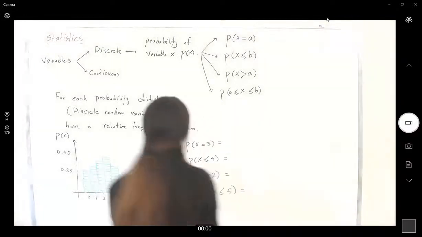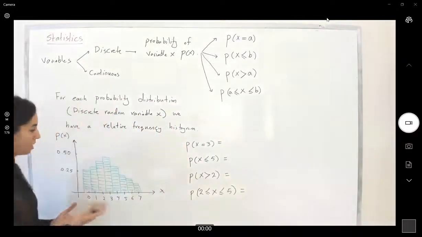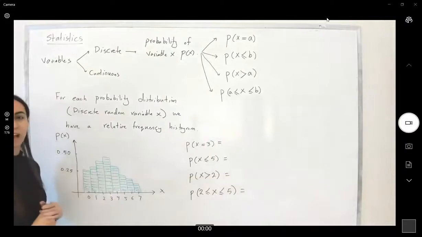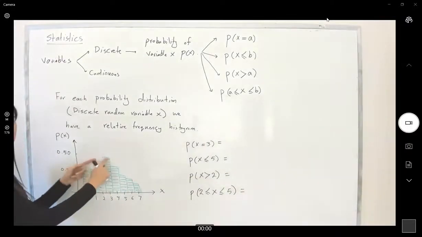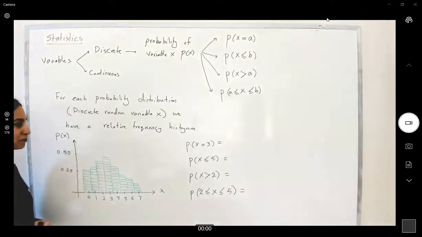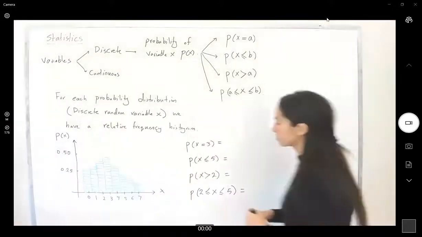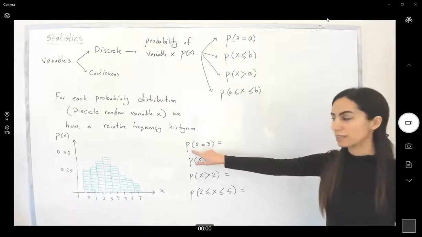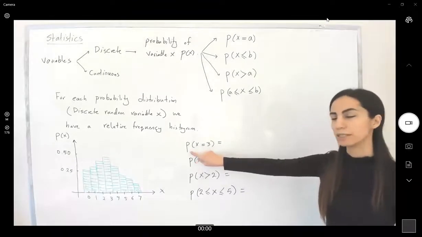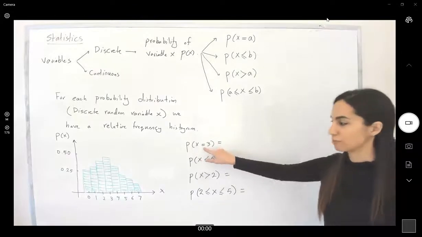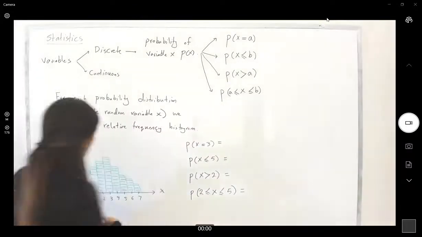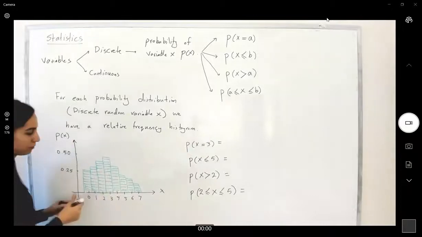To calculate each of these probabilities, we look at the graph that we have here. Each of these bars represents a probability. The first one says, what is the probability that x be exactly equal to 3? Well, x is equal to 3.